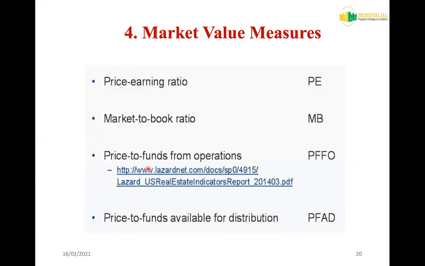The second type of market value ratio you will be interested in is the market to book ratio. And the market to book ratio is also called the price to book ratio. It's a financial valuation metric used to evaluate a company's current market value relative to its book value.